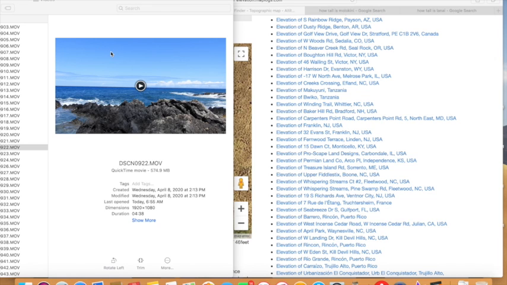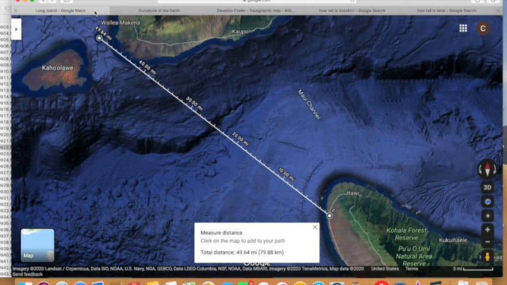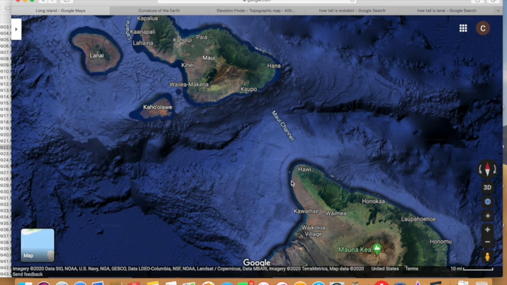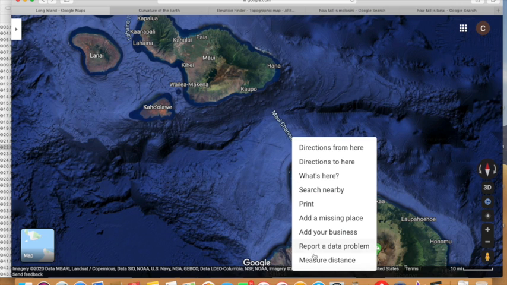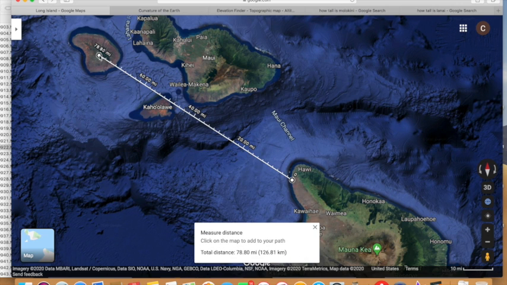And how far away is Lanai from our observation point? Take a measurement. Lanai summit. About 78 miles.